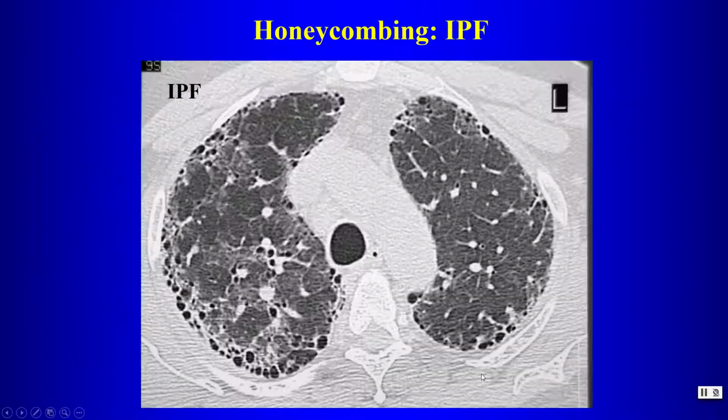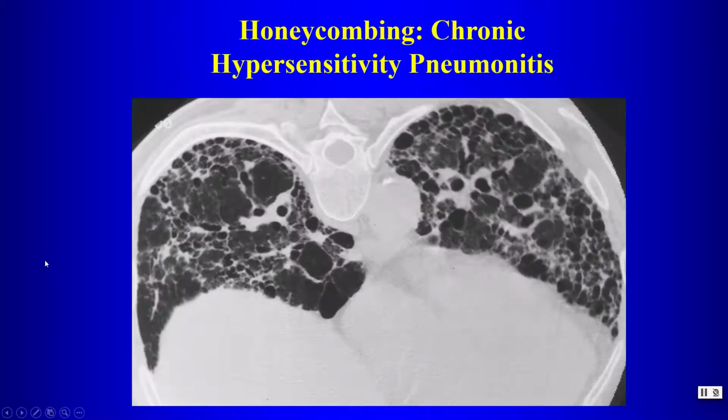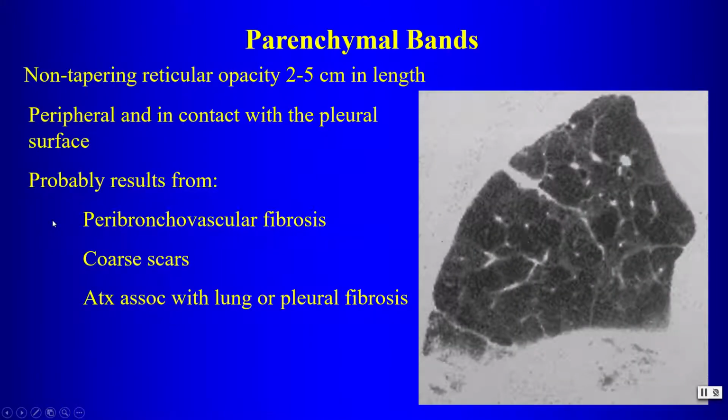All of these might give you honeycombing. An example of honeycombing with peripheral subpleural honeycombing here in somebody with idiopathic pulmonary fibrosis. And here's an example of somebody with hypersensitivity pneumonitis. You can see the marked air trapping here, and then this also giving us honeycombing here on this prone CT scan in this particular patient.